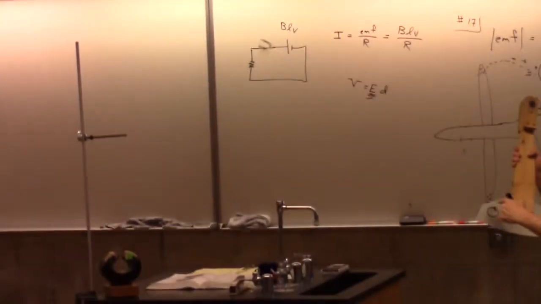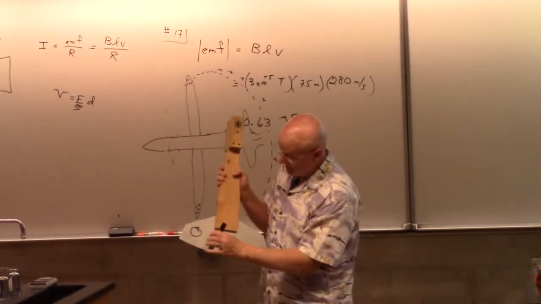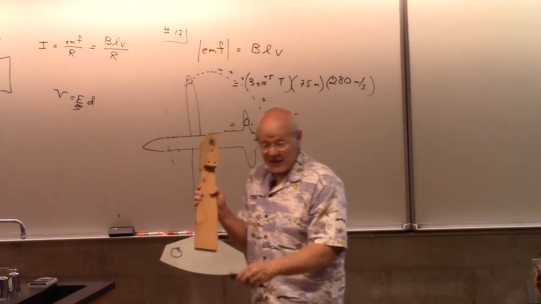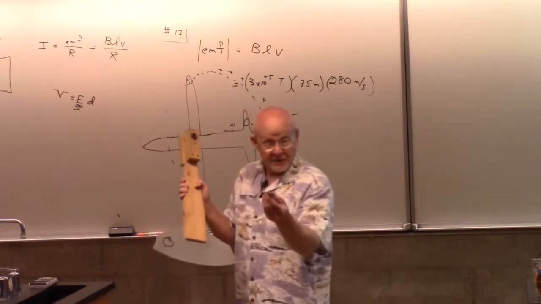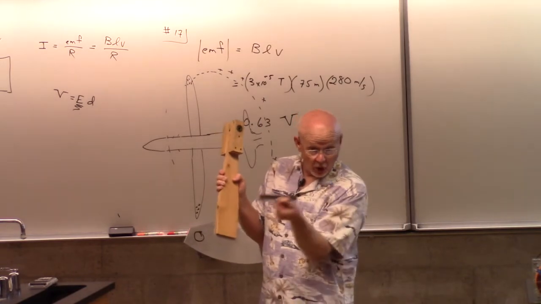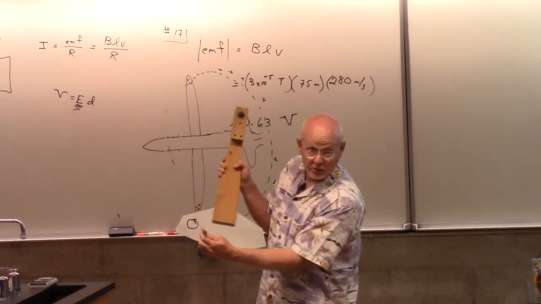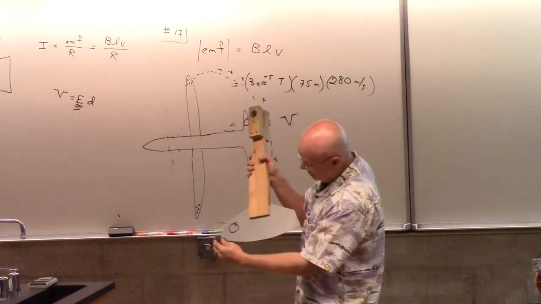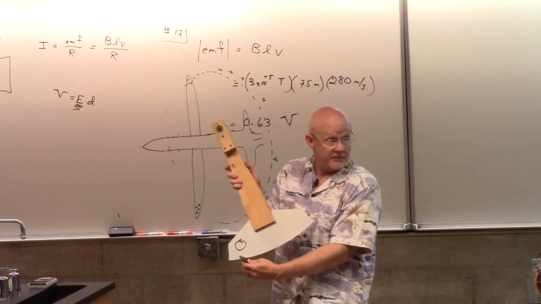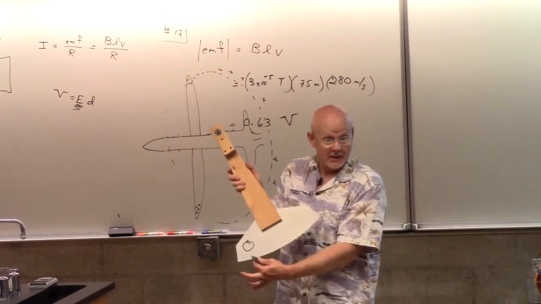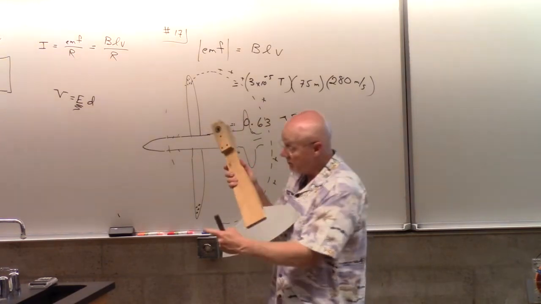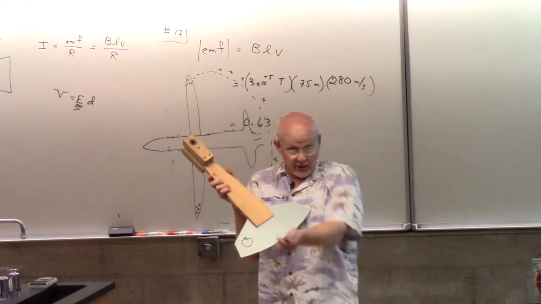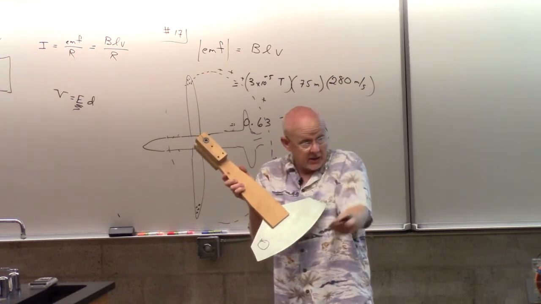As this goes around, we said the flux comes out of this ring and loops around. It's as if this magnet with its North Pole is pointing out like that. So there's the north. As this current goes around, it's making its own magnet. So I call this a secondary magnet. The flux from that one, the primary, creates a secondary current, and that secondary current creates a secondary magnet.